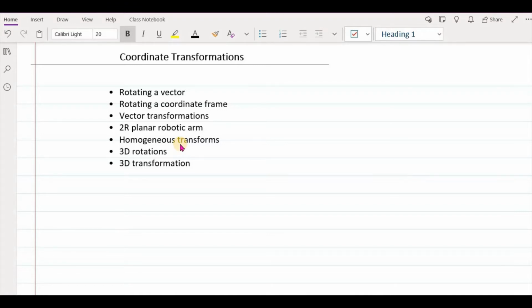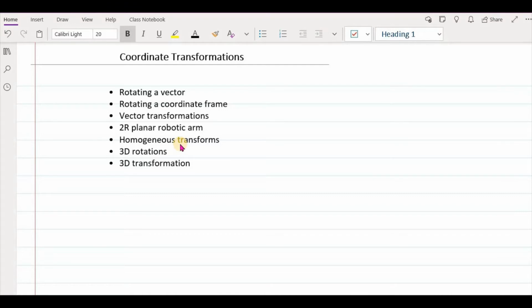In this lecture we shall study about coordinate transformations, and in today's lecture we are going to cover these topics. We shall start with rotating a vector, in which we study how we can rotate a vector and what matrices we require for these kind of rotations.